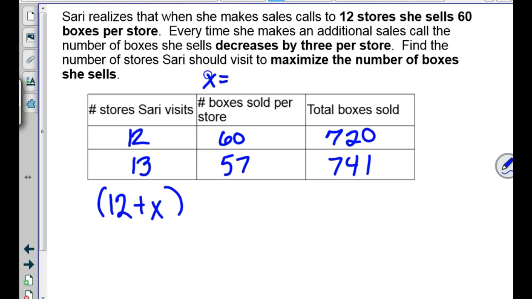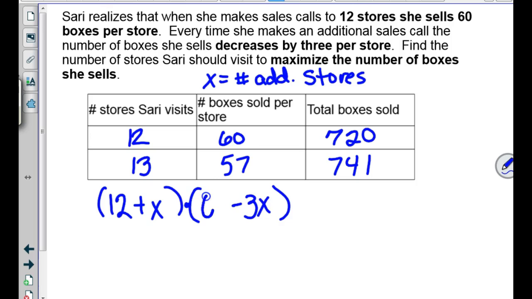So x is the number of additional stores that she's going to go to. What's going to happen to the number of boxes she sells every time she adds one to that other number? So we do, yes, -3 per x, starting at 60, right?